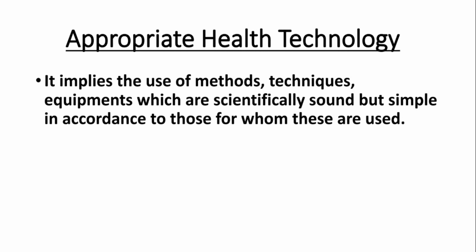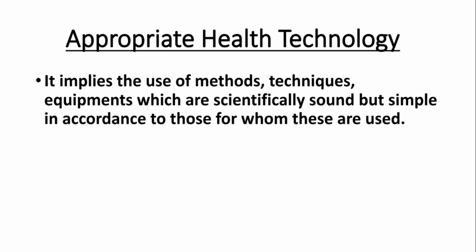As for example, for prevention or treatment of anemia, the nurse educates or advises the patient or client to take an iron rich diet. So in diet planning, she should incorporate foods which are available to that community, to that locality, and the food should be affordable by that particular patient.